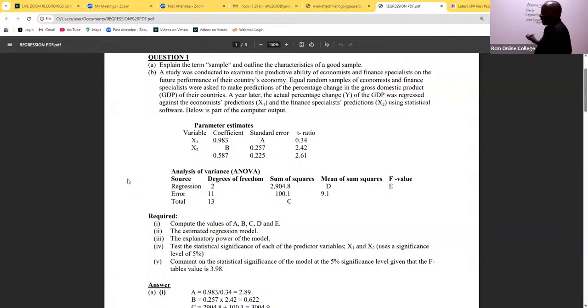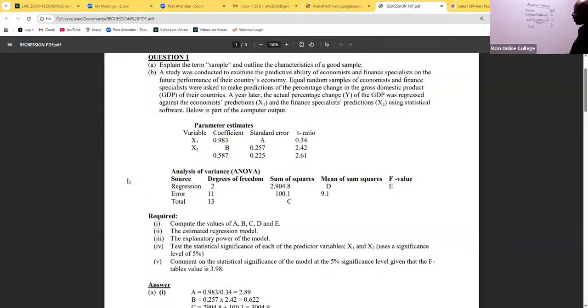Then we have our totals here. Then we have degrees of freedom. The explained degrees of freedom there are 2, 11, adding to 13.